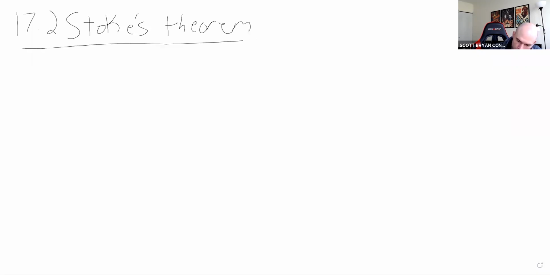Let's get started. So this is the second of our big integration theorems. And it is basically Green's theorem in R3. Pretty much exactly what it is.